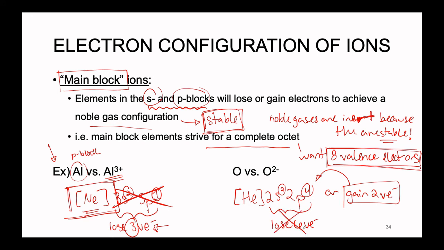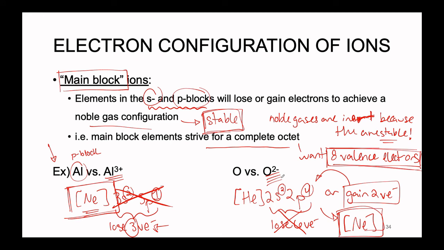Now, if we gain 2 electrons, what this gives us is the noble gas configuration equal to neon. So we found another way to reach a noble gas configuration, coincidentally also equaling neon here, and in doing so, by gaining these 2 extra electrons, our oxygen gains a -2 charge.